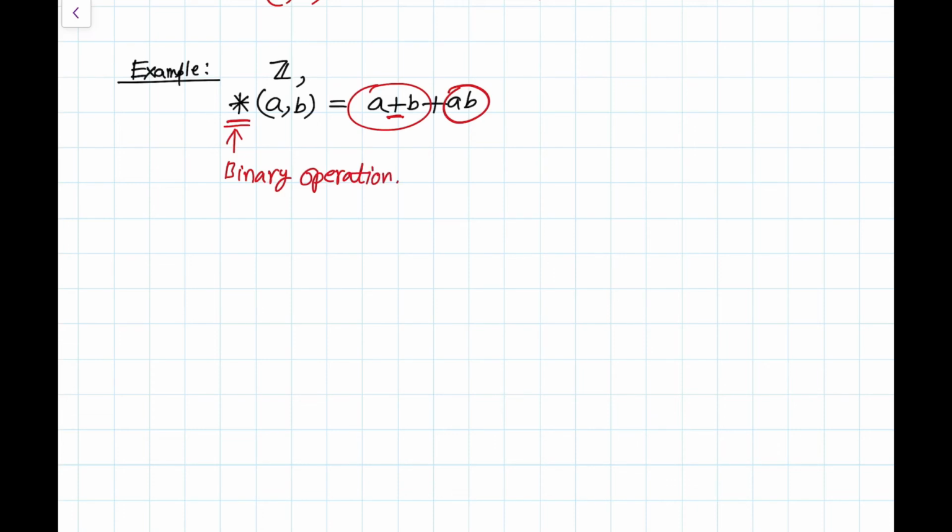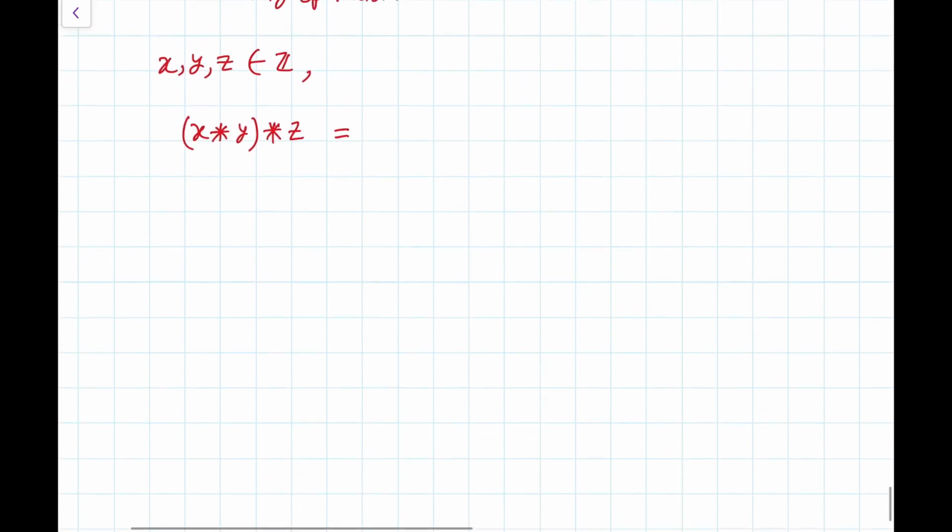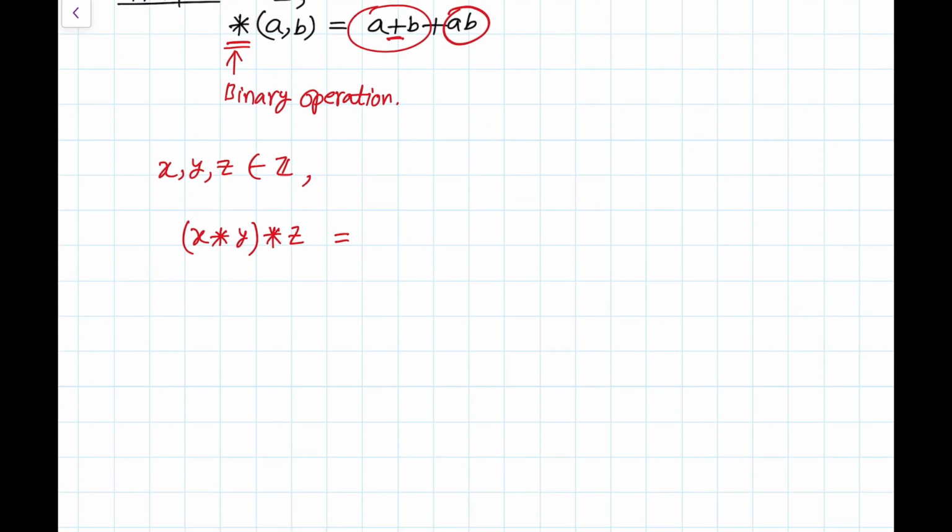Now we have to check the associativity. Suppose x, y, z are three elements in Z. Now we shall calculate this element. So x star y will be x plus y plus xy, star z.